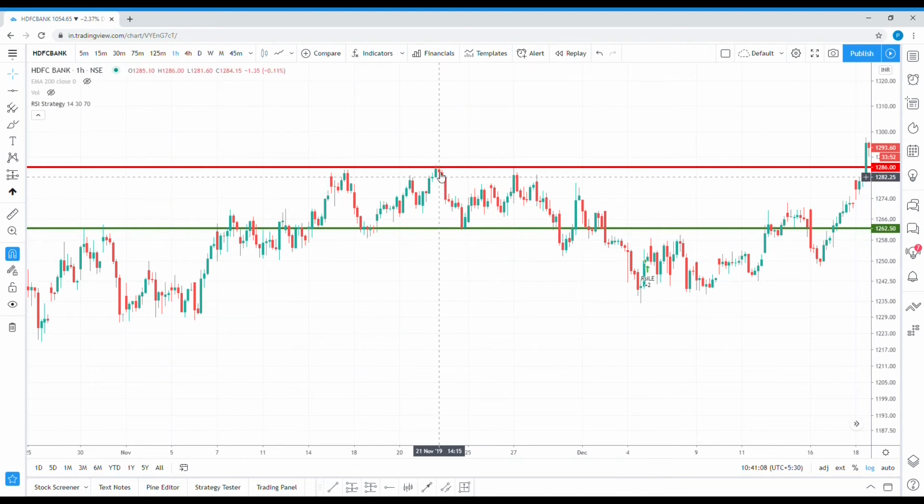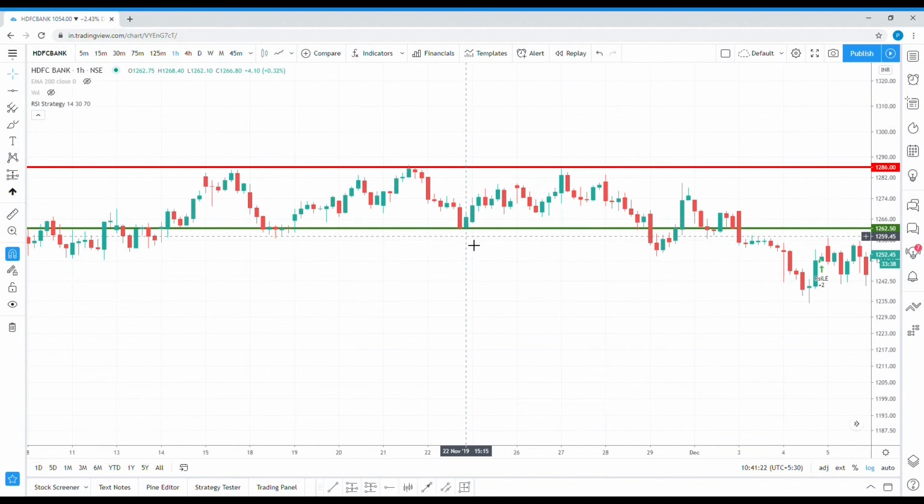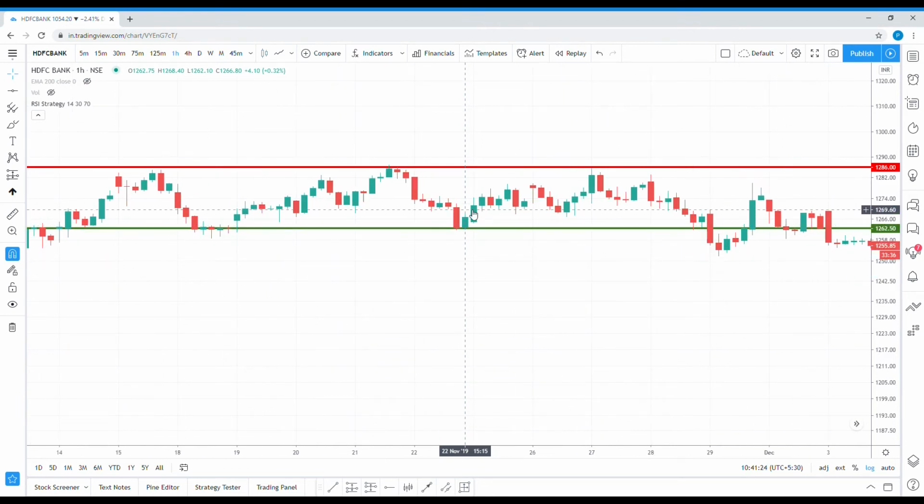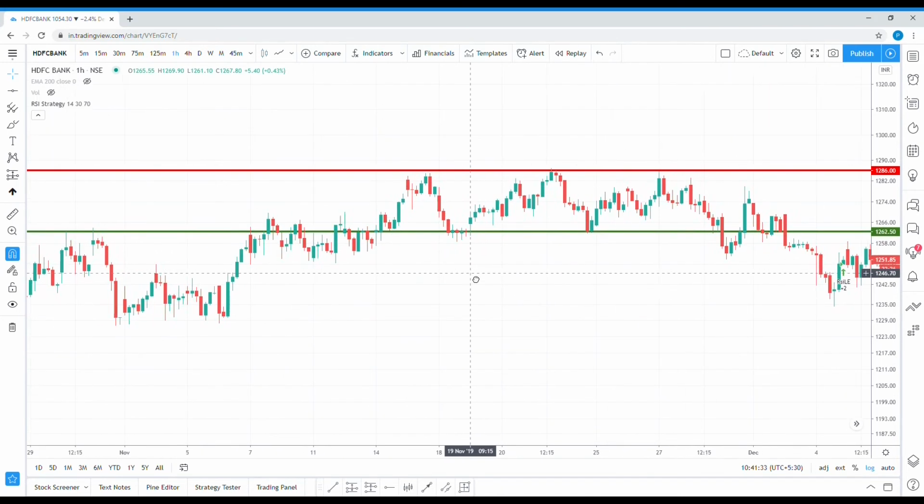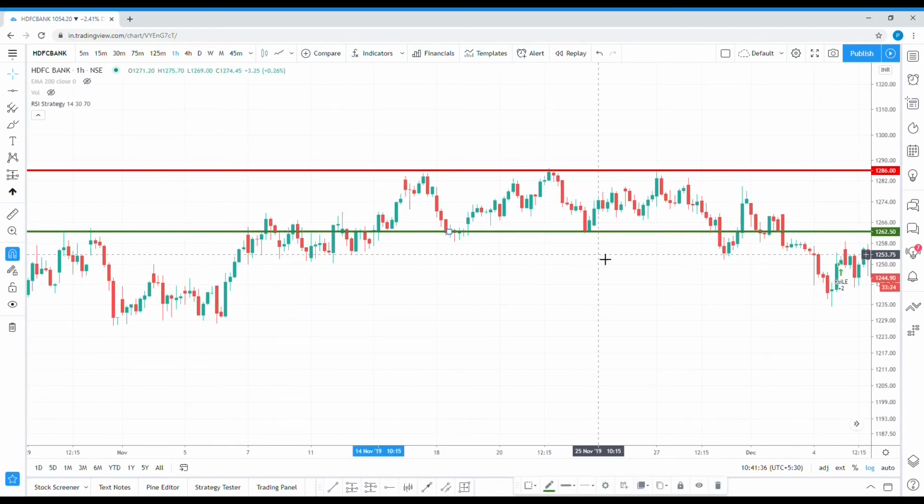If the price comes to this support a third time, I will wait at the support line and see whether the price is going up or not. It came here, made a red candle and then made a green candle again. That is another confirmation: the first is that this is the support line, and the second is that we have a green candle, so it will go up.